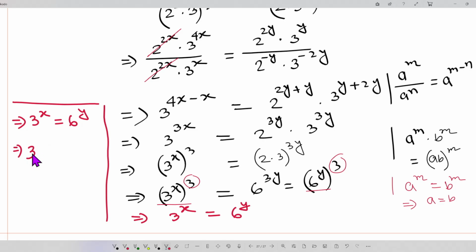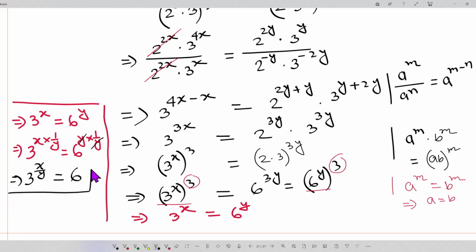It means 3 to the power x times 1 by y equals 6 to the power y times 1 by y. So in this case 3 to the power x by y, the y and y cancel out, it will be 6, and this is our answer because our target was to make 3 to the power x by y, right? And we get 6.